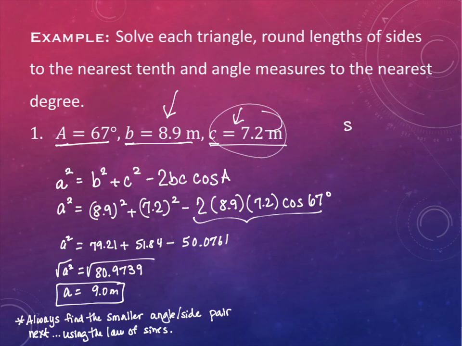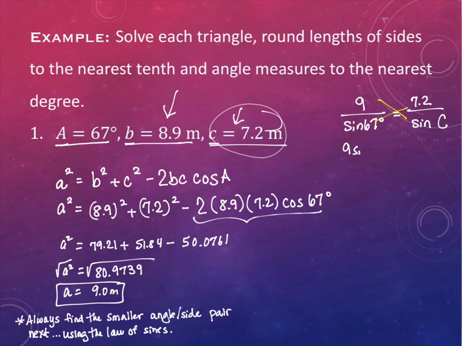So I've got sine of 67 degrees, and I found out that that side length was 9. And this is going to equal the smaller value, which is 7.2, over the sine of its opposite angle, which would be C. And we will cross multiply.